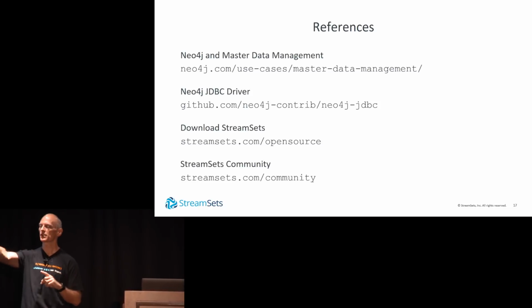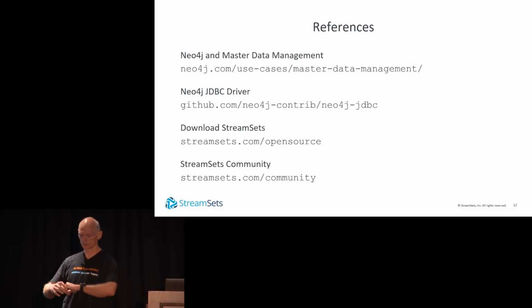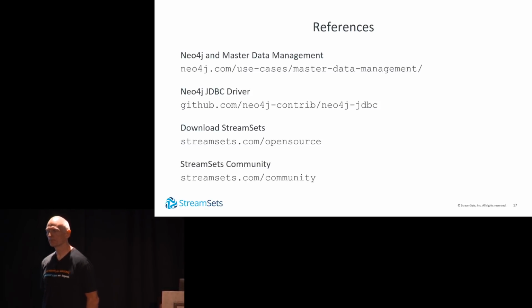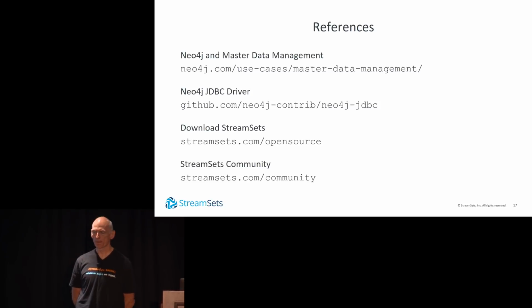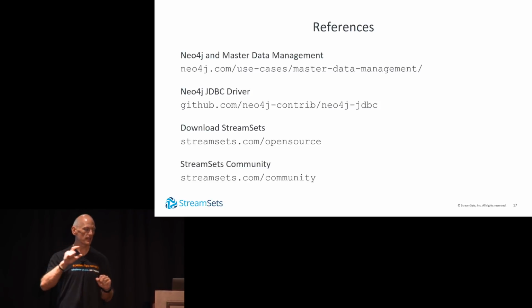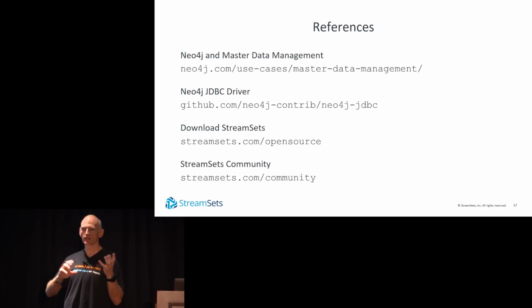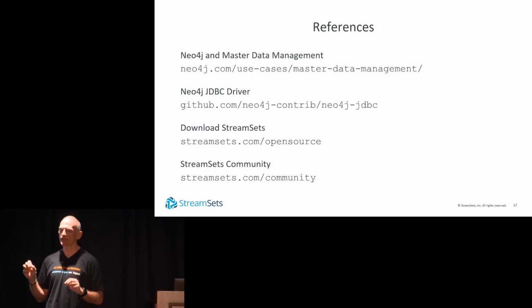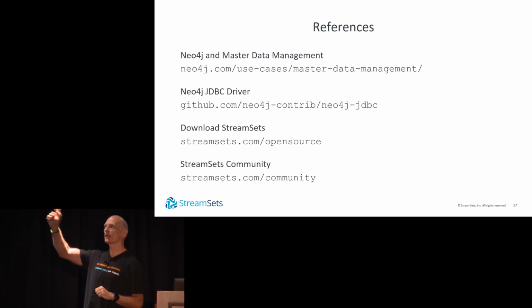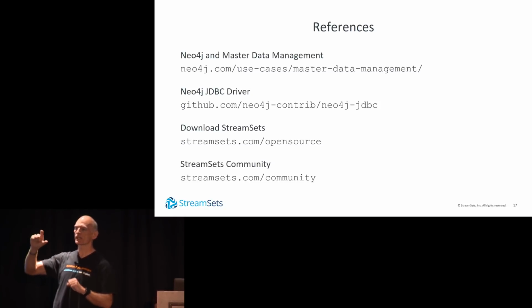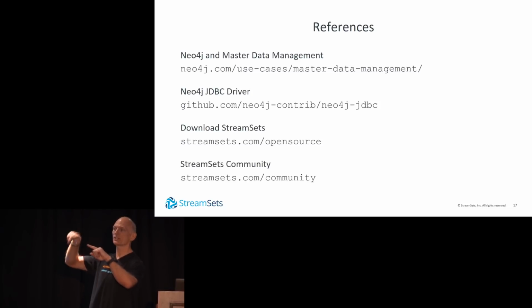Yeah, I think that gentleman there was the first hand I saw. Go on. When you're changing data sets from the source, how does it update the graph? Does it delete the old relationship and set it anew, or does it create the entire graph over? Good question. When I update the graph, what am I doing? What I'm doing is using a Cypher MERGE to find a node with a particular ID and overwrite its attributes, because my manager ID might have changed. And then I'm creating the relationships between employees and managers, for instance.